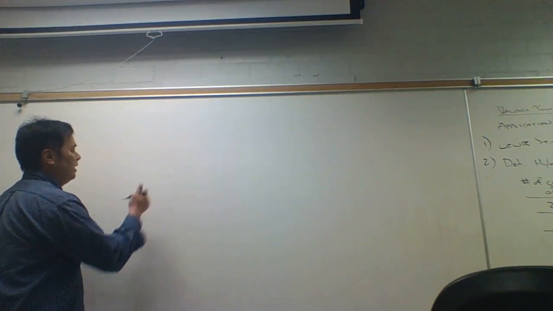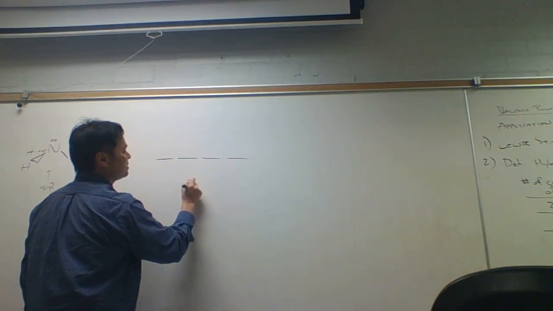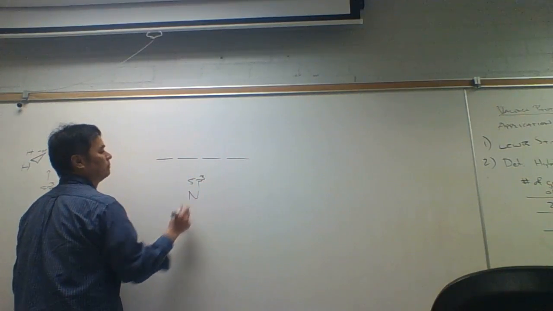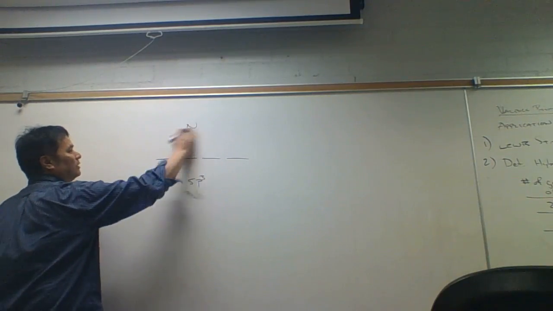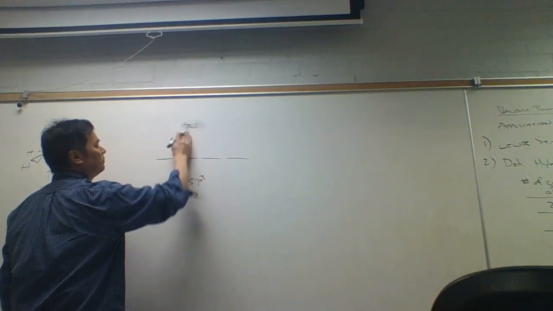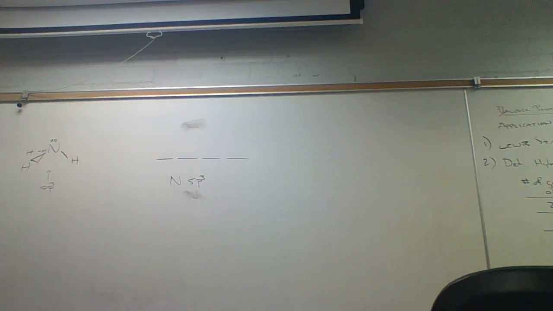So if it's sp3 hybridized, then we have 4 sp3 orbitals like this. This is nitrogen. Let's write it down here, I need extra room there. And then I need to fill these.